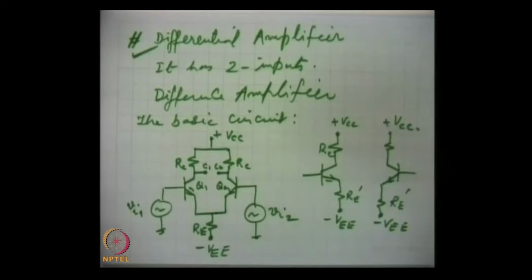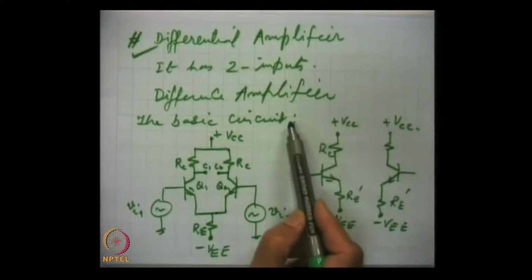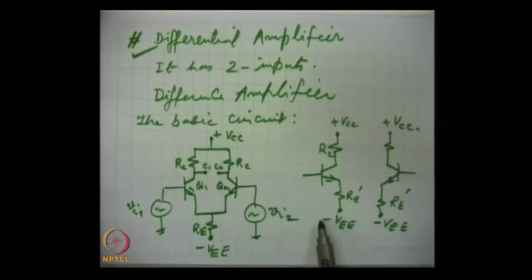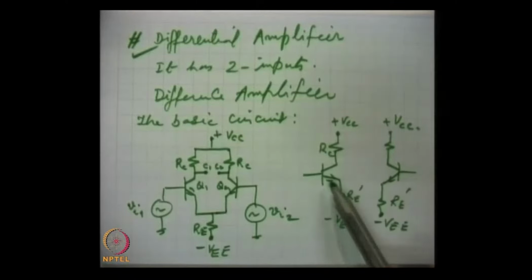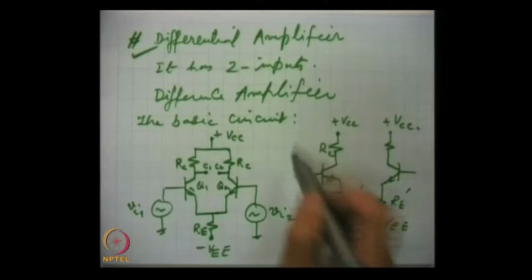You remember when we talked about biasing of transistors, the emitter bias makes use of two power supplies, one positive, plus VCC with respect to ground, and the other negative, minus VEE with respect to ground. This is an NPN transistor.